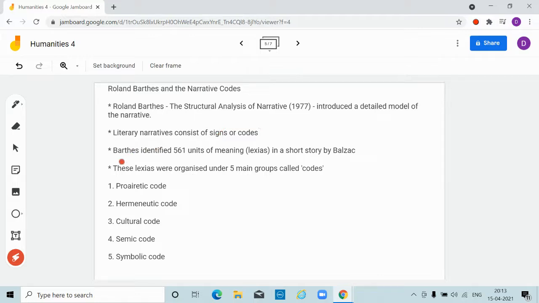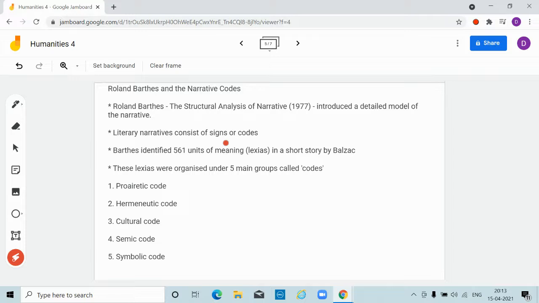Barthes studied a short story by the famous French writer Balzac. After analyzing this short story, he could identify 561 units of meaning from a single short story.